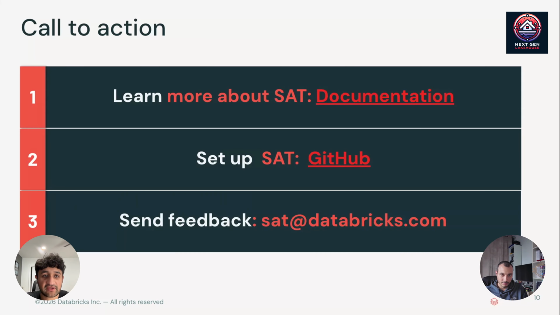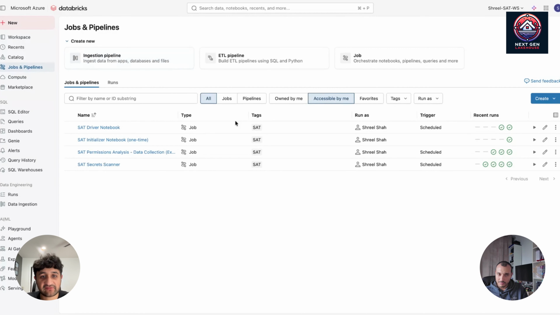So now if I navigate over to my Databricks workspace, this is my Databricks environment that I've set SAT up on. This is an Azure environment, but SAT is available for AWS, Azure, and GCP. So any cloud that you have, SAT will be supported. And when you install SAT, there are two options.